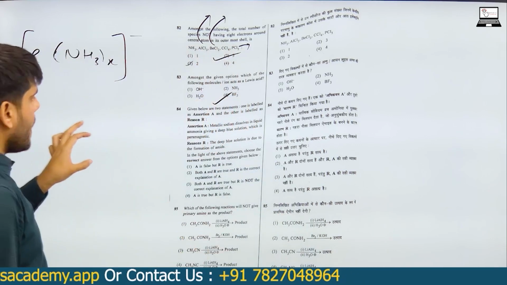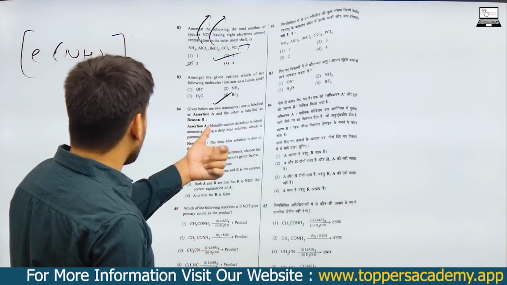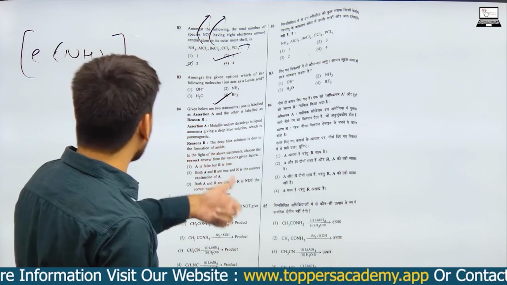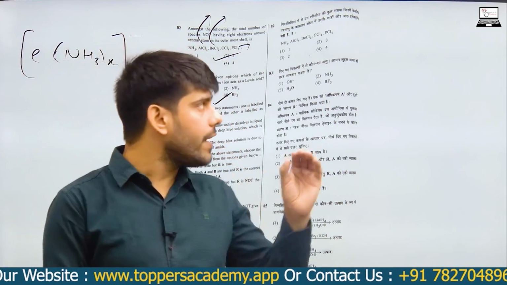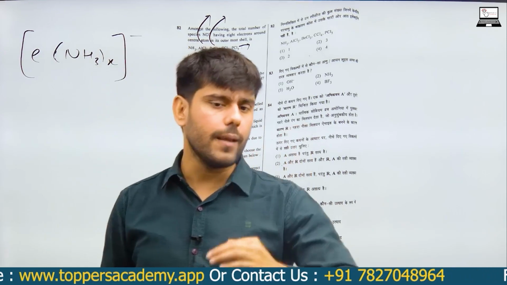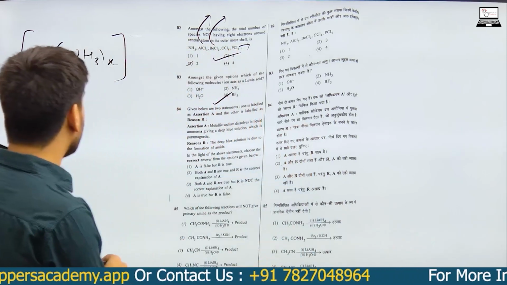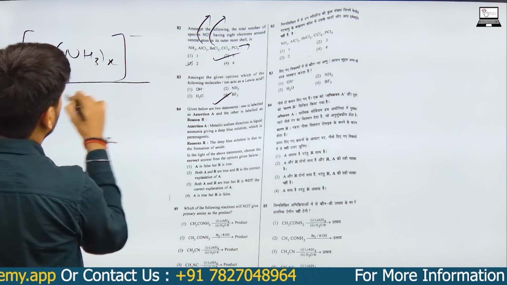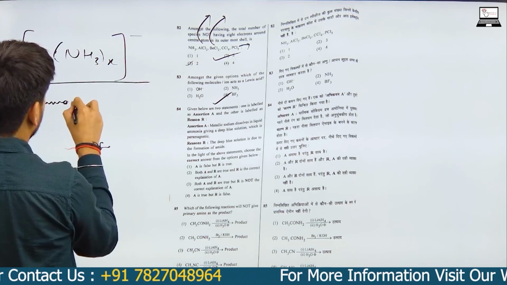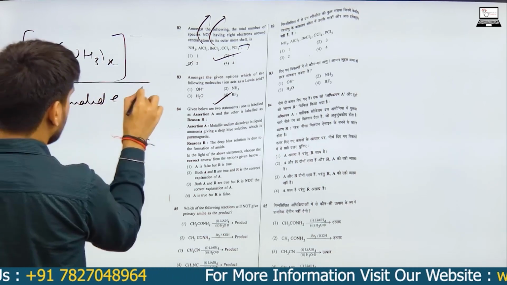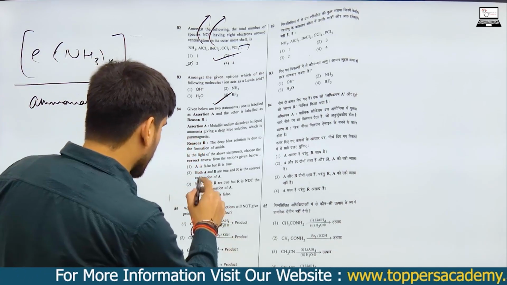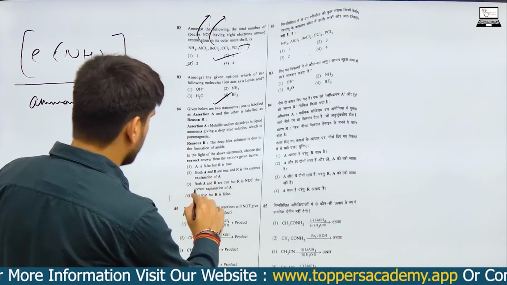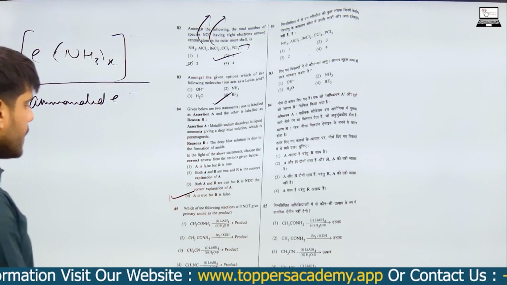Second, the deep blue solution is due to formation of amide. No, the deep blue color is not due to the formation of amide. In fact, when you keep it undisturbed for some time, there is formation of amide, but the deep blue color is because of these ammoniated electrons. Right? So A is true, but B is false. The reason is false.